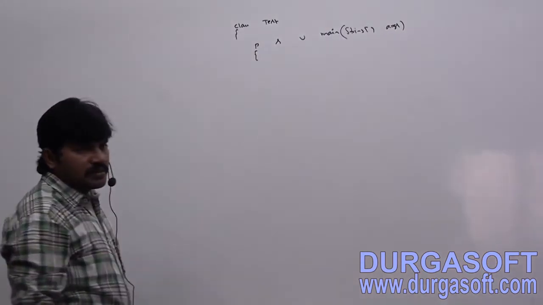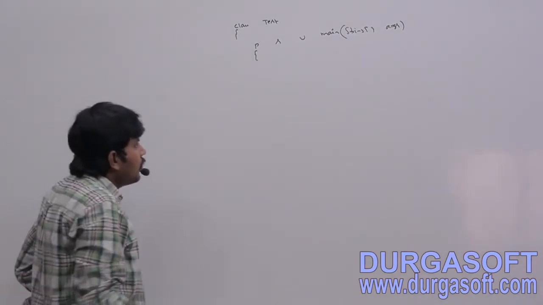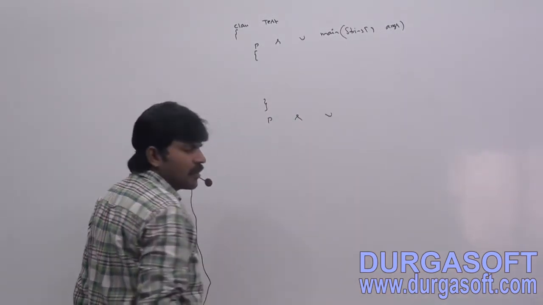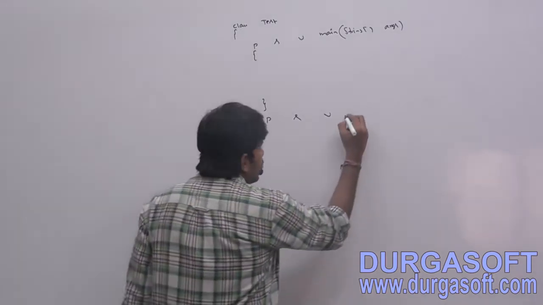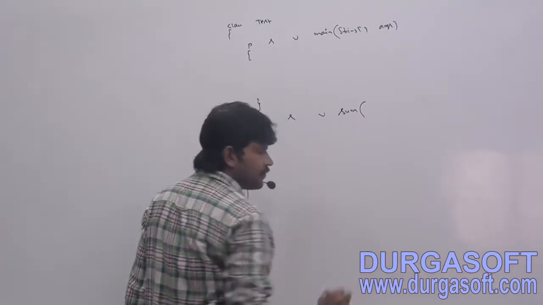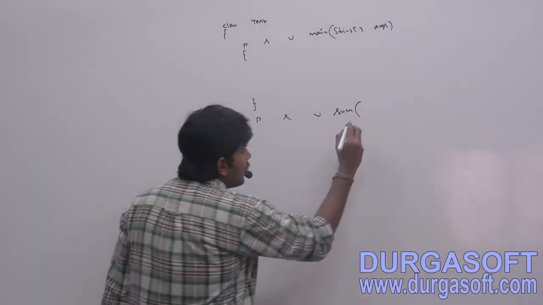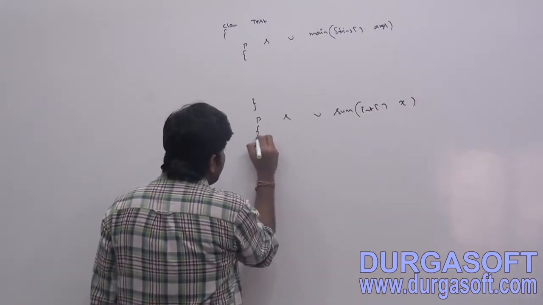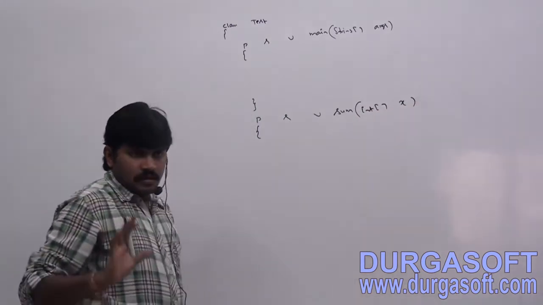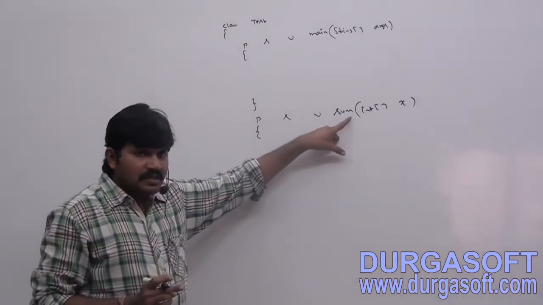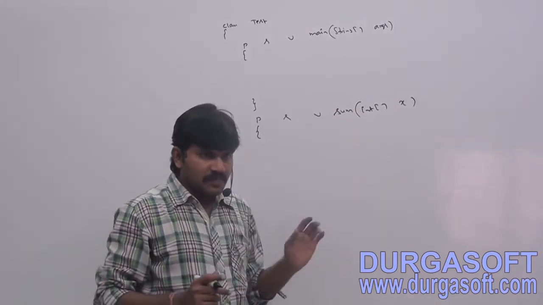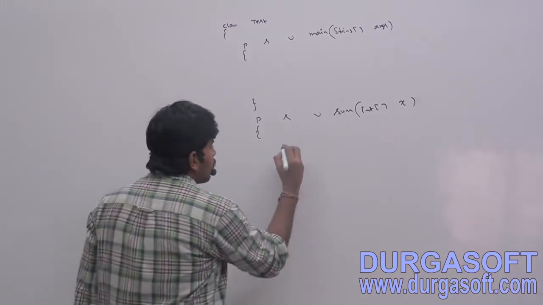Now, sir, just observe, I have one method: public static void sum. The sum method can take an int array as argument. The purpose of the sum method is to print the sum of elements present in this array.